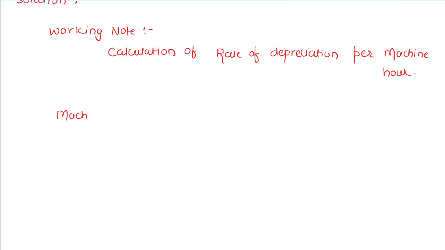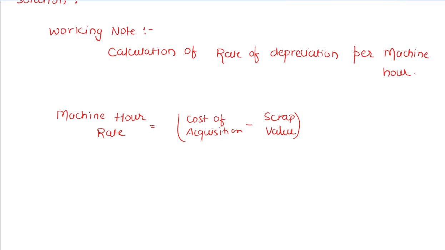Let us calculate machine hour rate, which equals cost of acquisition, that is cost of purchase, minus scrap value, that is residual value, divided by life of the asset in hours.